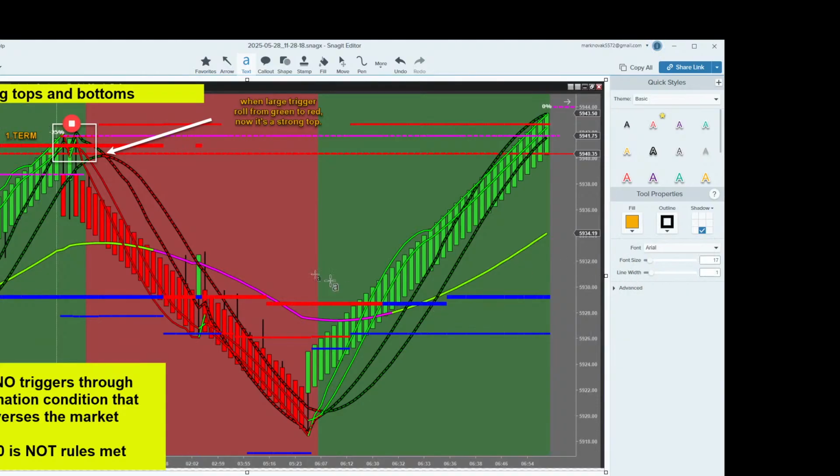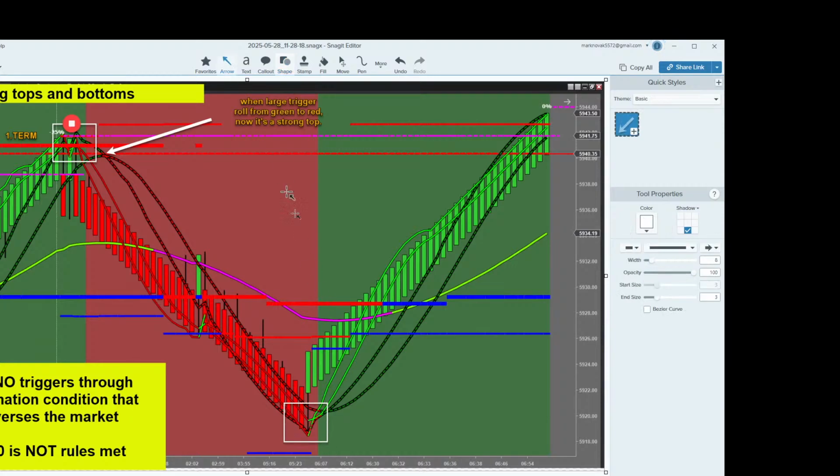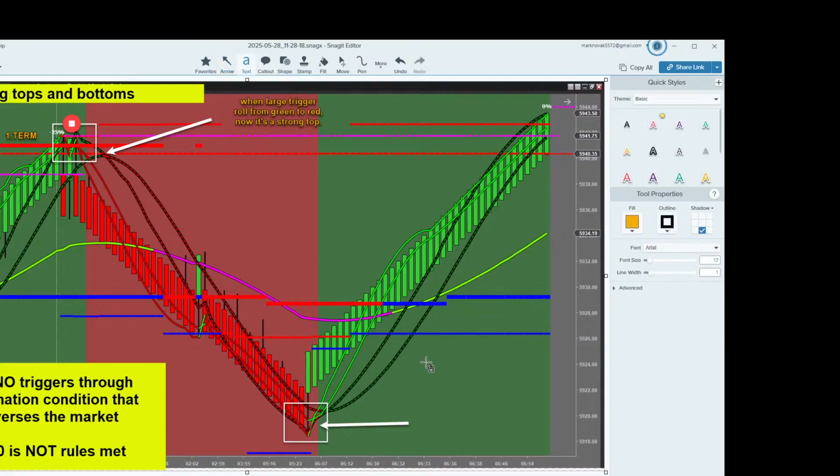So it always, first it has to be a termination. No triggers through. If the triggers roll, it's a strong top. Does that make sense? So down here, not a term first. Man, how did that happen?